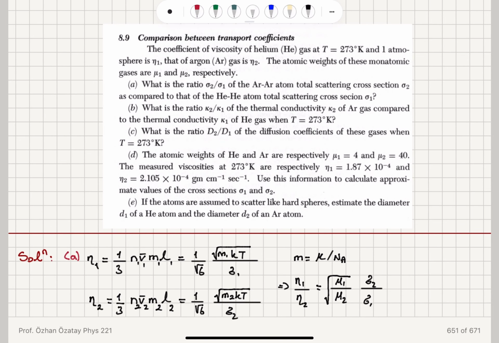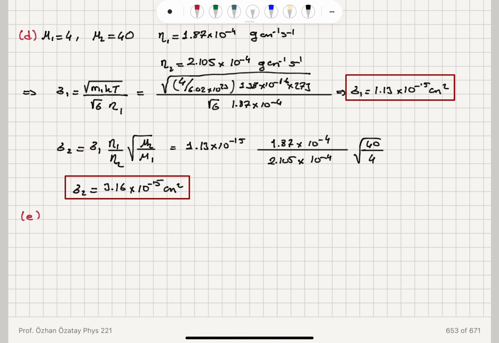Part E. If the atoms are assumed to scatter like hard spheres, estimate the diameter d1 of a helium atom and the diameter d2 of an argon atom. Now, the total scattering cross-section is pi diameter square, remember.